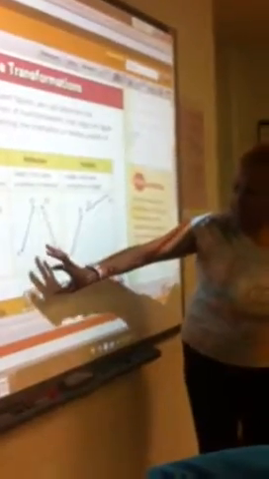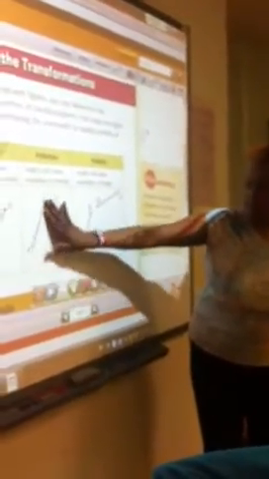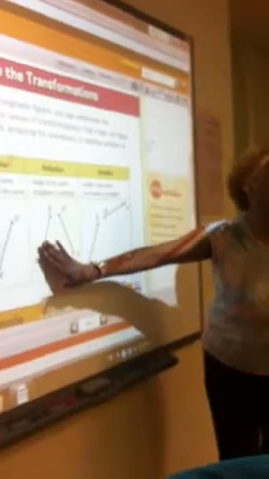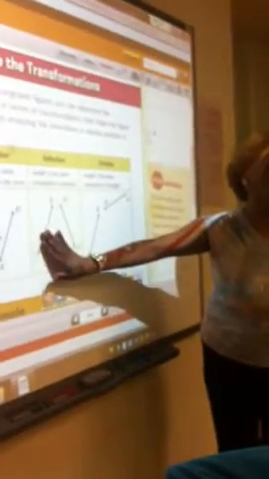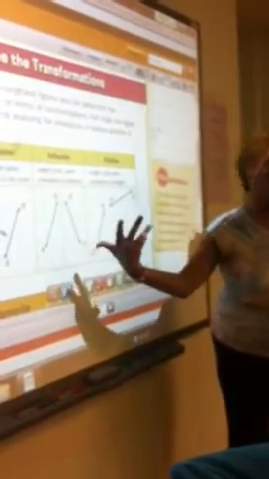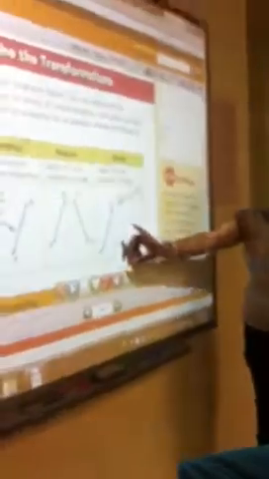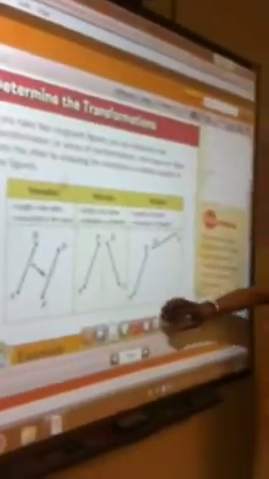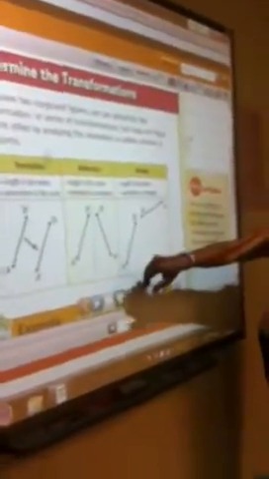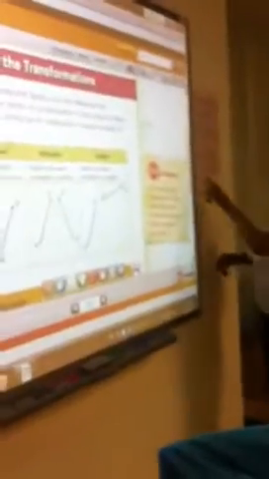Look at the reflection. Again, you have the same length, and what do you do to the reflection? It looks like a flip. In the rotation, again, you have the same length, but what happens? You spin it around. Very good. You spin it around.